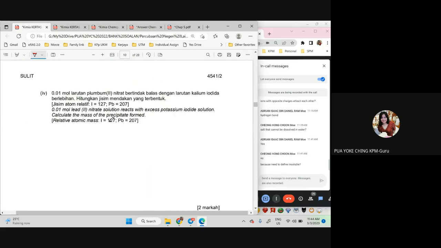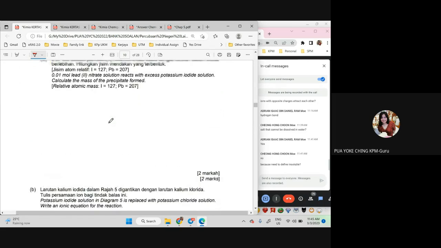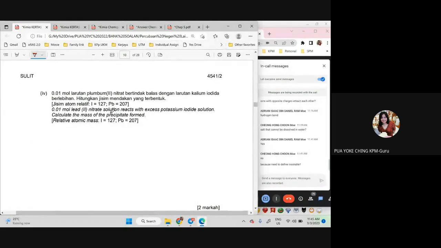Okay, so this is calculation. So, soalan ni cikgu akan tunjuk sebab need to refresh back, revise back, calculation. Setiap kali kena ada apa. So, 0.01 mol larutan plumbum 2 nitrate bertindak balas dengan larutan kalium iodida berlebihan.